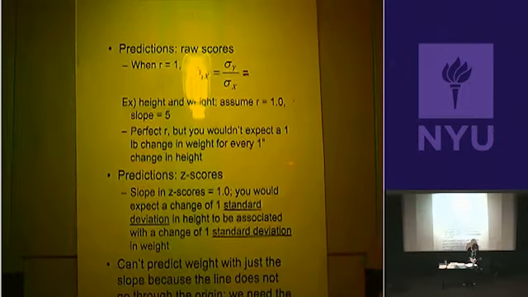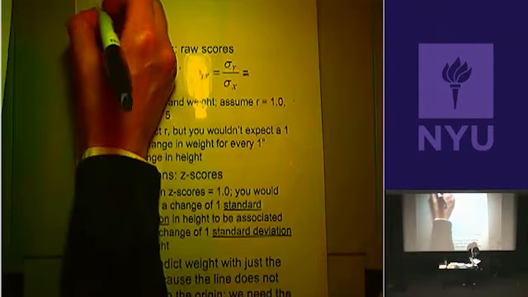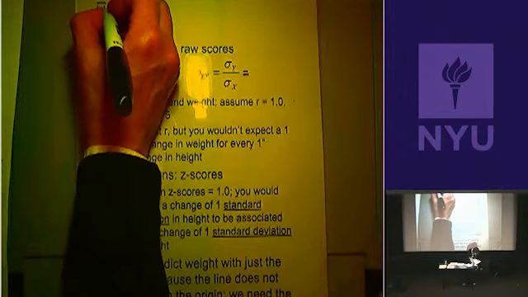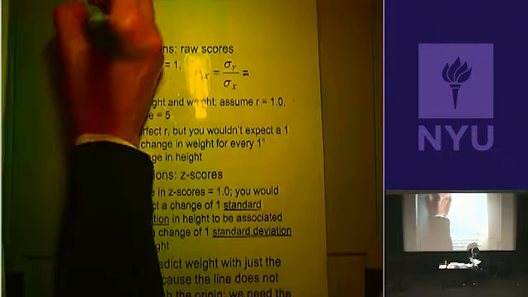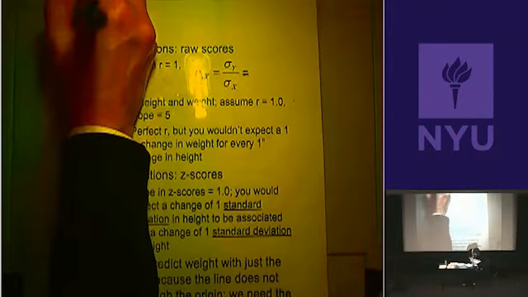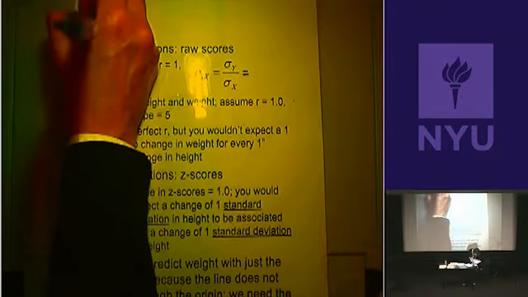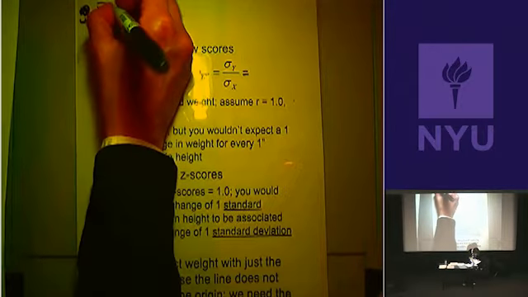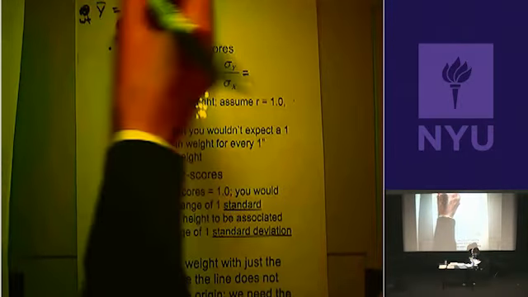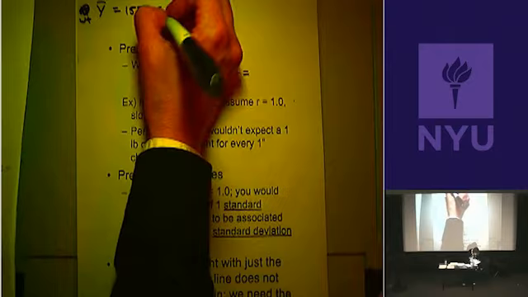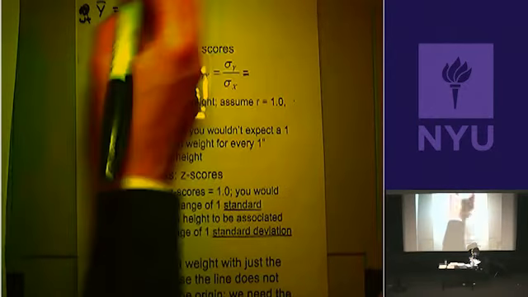Let me give you some data to work with. Y is weight. So the mean of weight is 155 pounds with a standard deviation of 15 pounds.